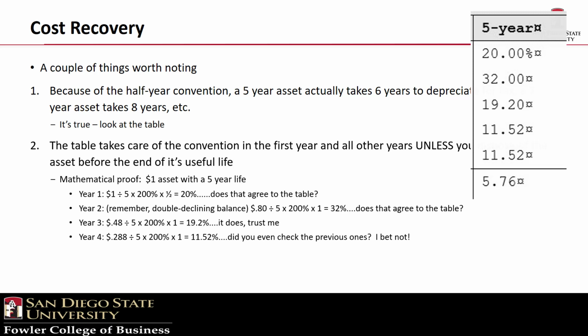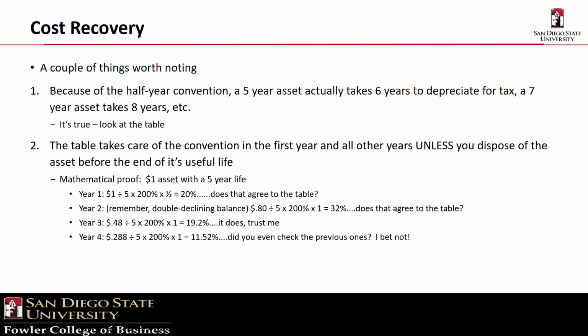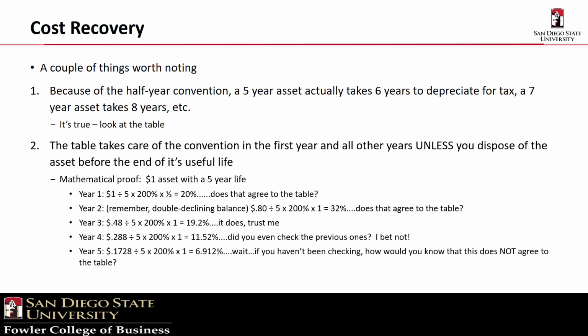Year 4, we're down to 28.8 cents, divided by 5, times 200%, times 1, 11.52%. Did you even check the previous ones to make sure they tied to the table? I bet you didn't. In year 5, we're down to 17.28 cents, divided by 5 times 2 times 1. That equals 6.912%.